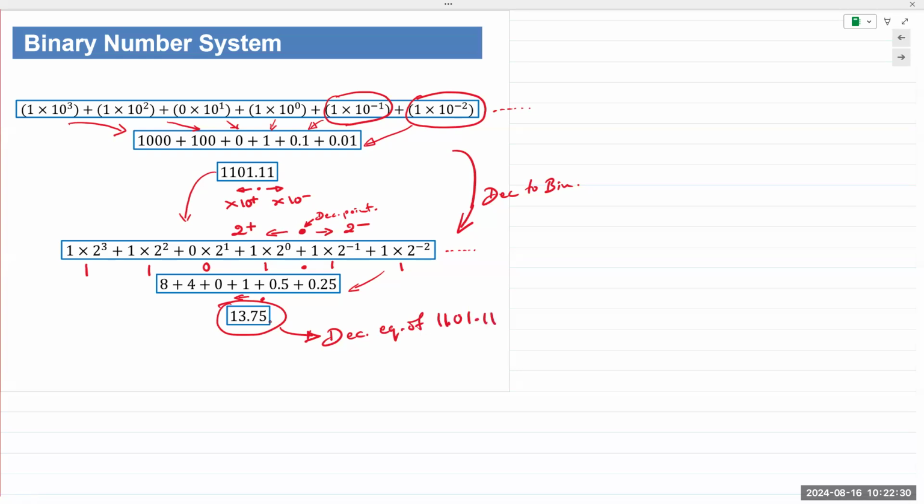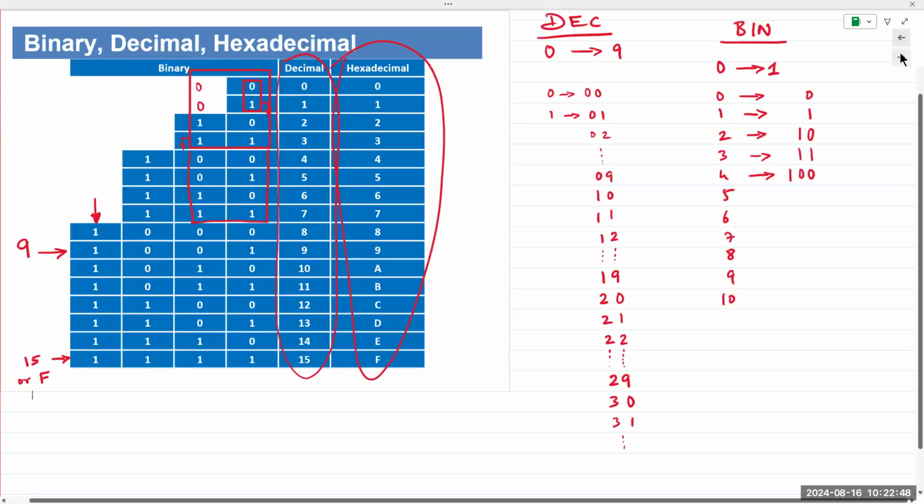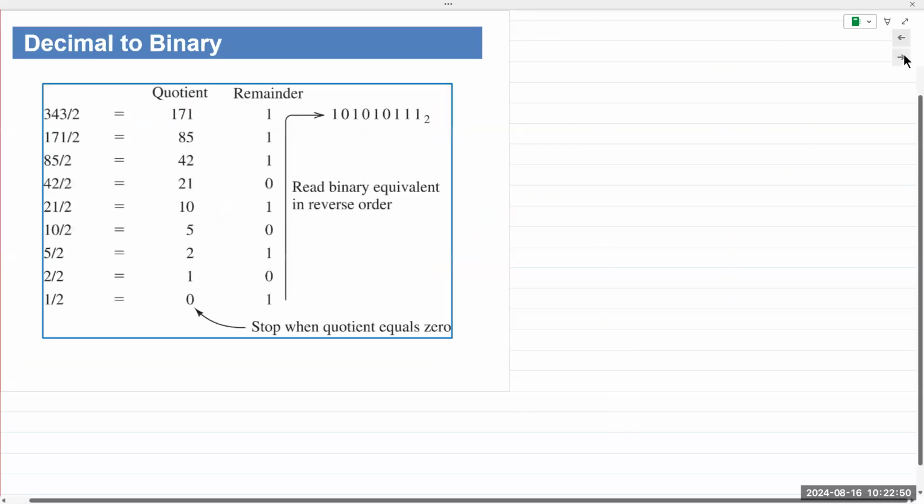Okay, that's the decimal equivalent number of 1101.11. All right, I already showed you this last class.